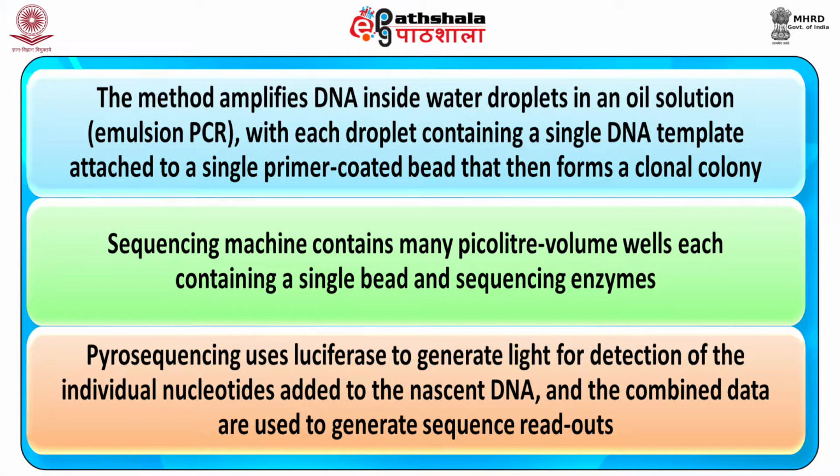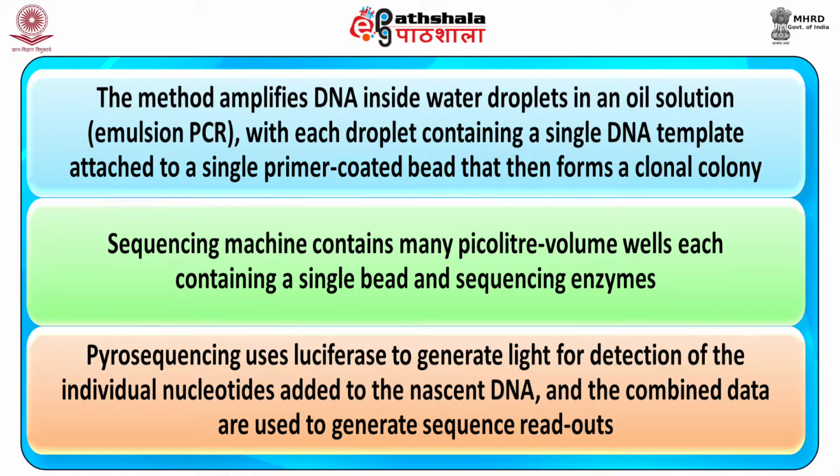In this method, the DNA is amplified inside water droplets in an oil solution, which is called emulsion PCR, with each droplet containing a single DNA template attached to a single primer coated bead that then forms a clonal colony.